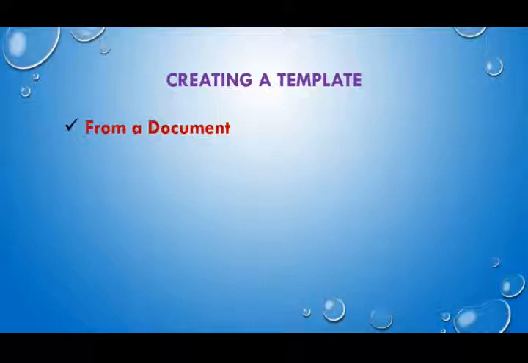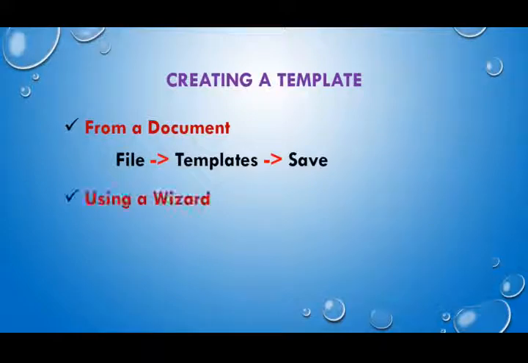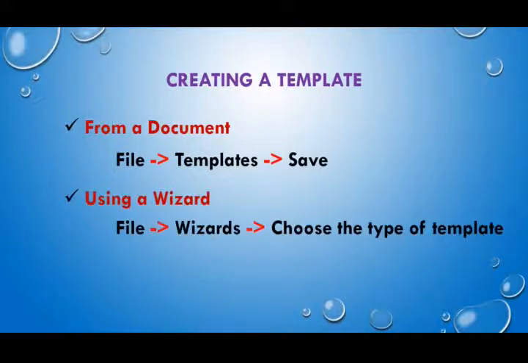How can you save a template? Click the File menu, choose Templates, and choose the Save option. And the second way to create a template is using a wizard. You have to click the File tab, choose Wizards, and choose the type of template. These are the two ways you can create your template.